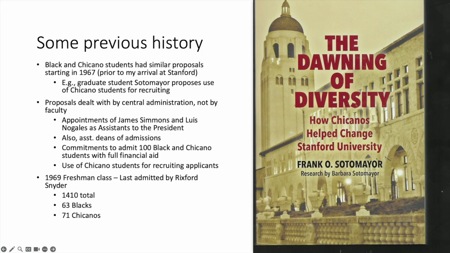You can see the last class that Rixford Snyder admitted, out of a total of 1,400 students, there were 63 Blacks and 71 Chicanos, short of the 100 to which the president had committed.